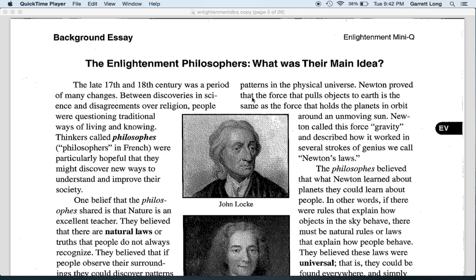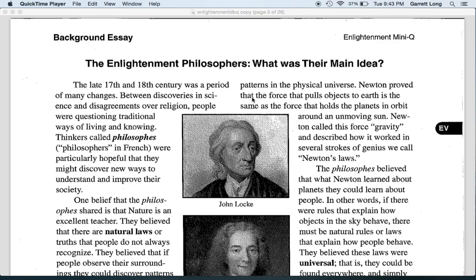So here we go. It says, the late 17th and 18th century was a period of many changes. Now, when I say 17th century, I'm referring to the 1600s, and 18th century, I'm referring to the 1700s. Between discoveries in science and disagreements over religion, people were questioning traditional ways of living and knowing.